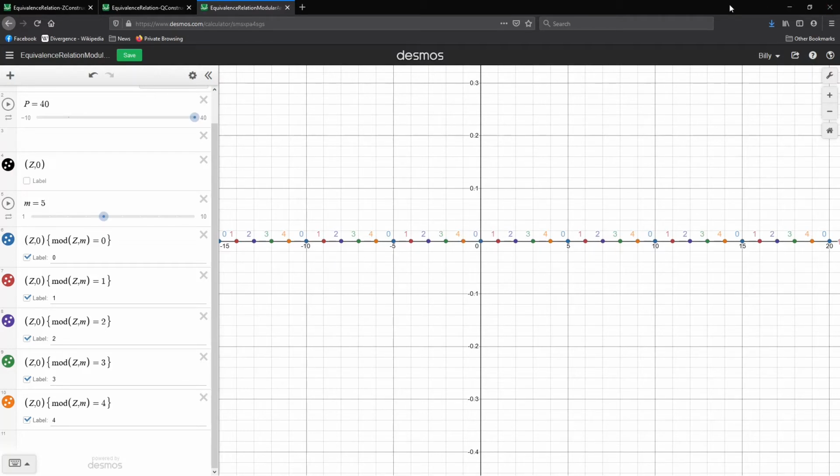So what you can see here is a very nice visualization of the equivalence classes, and it turns out that we have 5 equivalence classes for this equivalence relation when we're dealing with modular arithmetic mod 5. In general, we'll have m equivalence classes.